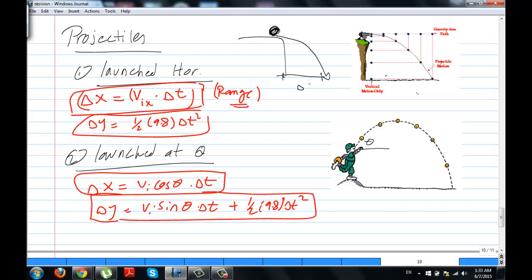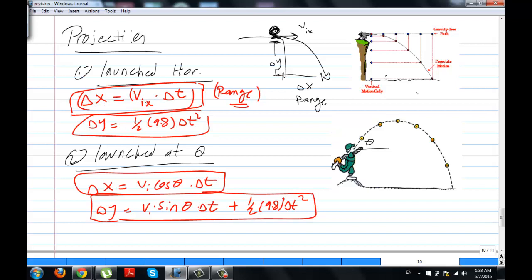This is what we call delta x, or the range, and this is delta y, or the height, and the object is moving at a vix, which is the initial velocity on the x-axis, because this is the only v in this particular part. Launched horizontally, you use 2 equations, one to find the range and one to find the height.